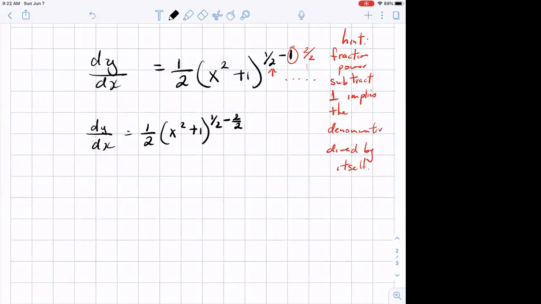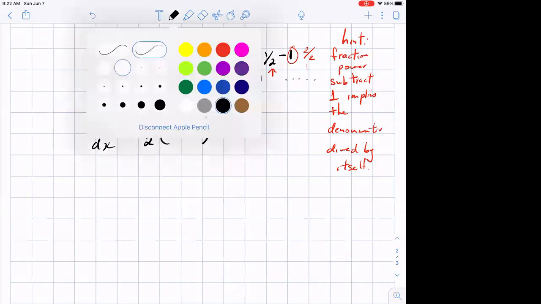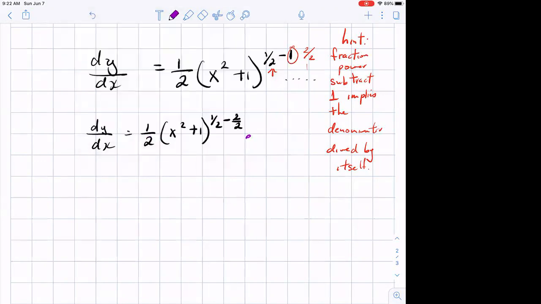But we're not finished. This is where the chain rule comes in now. This is the chain rule. Pay attention. For the chain rule, we have to multiply this by the derivative of the inside, because we didn't touch the inside. So the derivative of the inside is 2x to the 2 minus 1 plus, and remember the derivative of any constant is 0.